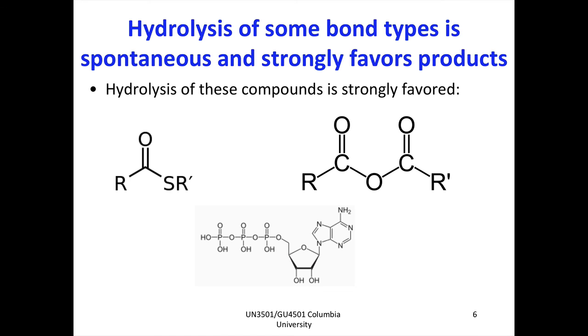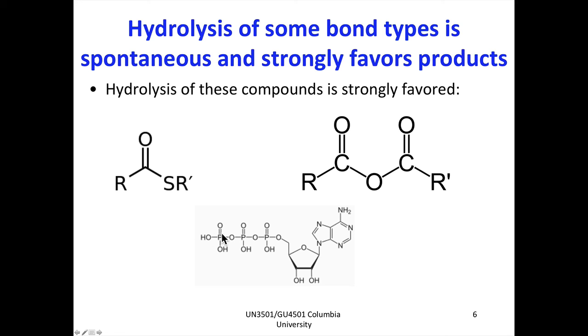And then the third example that you're probably familiar with is ATP. These phosphoanhydride bonds, like in the so-called gamma phosphate of ATP, hydrolysis of that is also strongly favorable. If we hydrolyze the phosphoanhydride, breaking this bond, we end up with ADP and inorganic phosphate, just this group here.